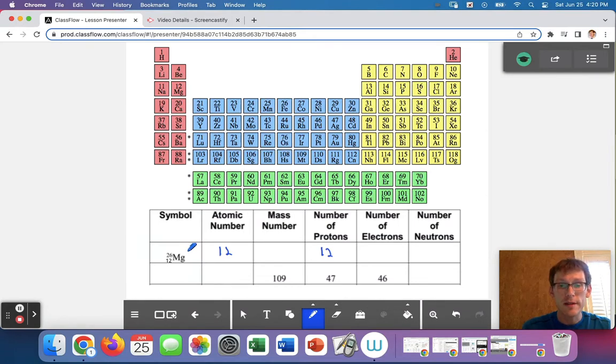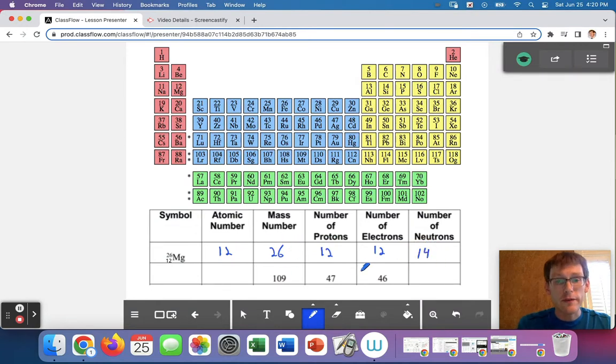Because there's no charge specified, we know it's going to be neutral, and there need to be an equal number of electrons as protons. Finally, the number of neutrons we can figure out just by finding the difference between the mass number, which is 26, that's the top left here, and the number of protons, which is 12. 26 minus 12 gives us 14. And I'll erase that, though, because we need this space later.